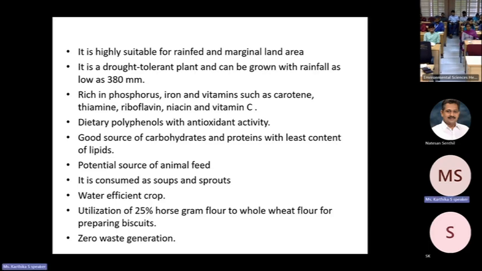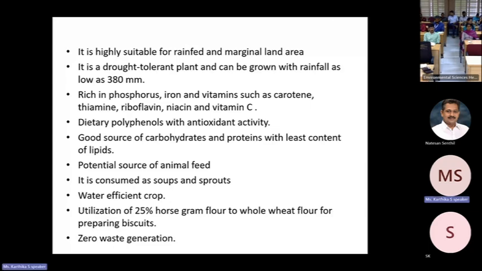We compared it with normal bread, and it was the same. It is water efficient, not needing too much water. There is no waste. So this crop you have to incorporate and give priority and opportunity to elevate it to a common crop.